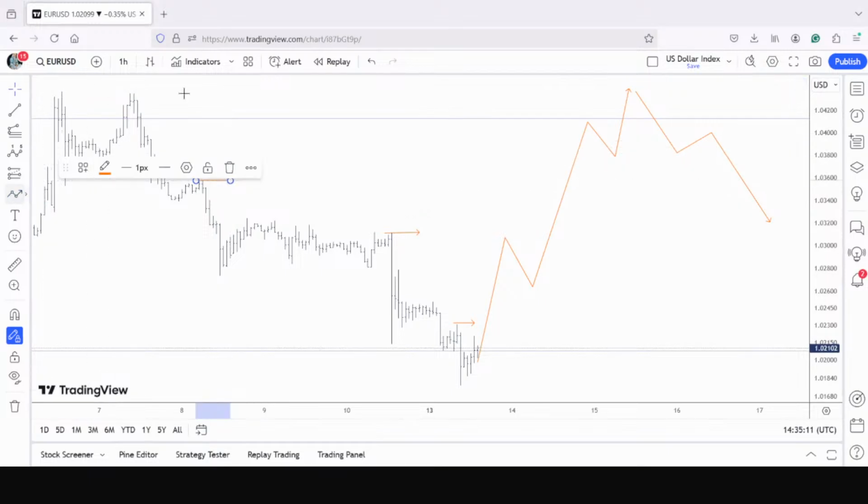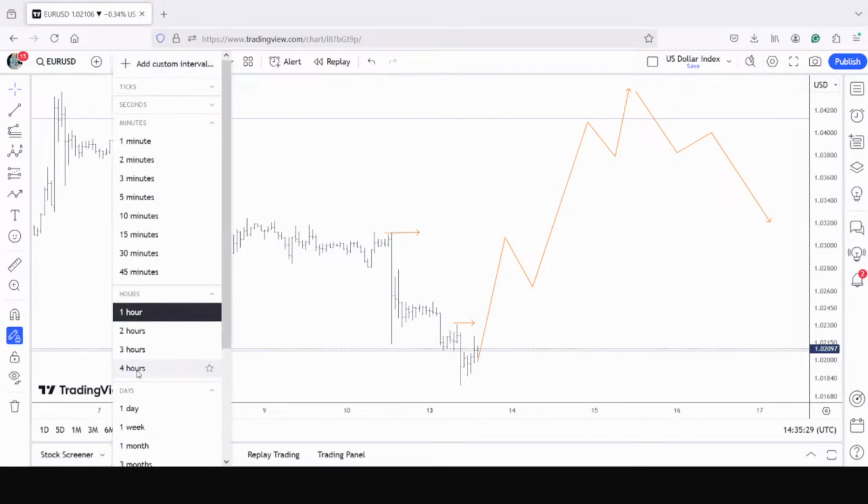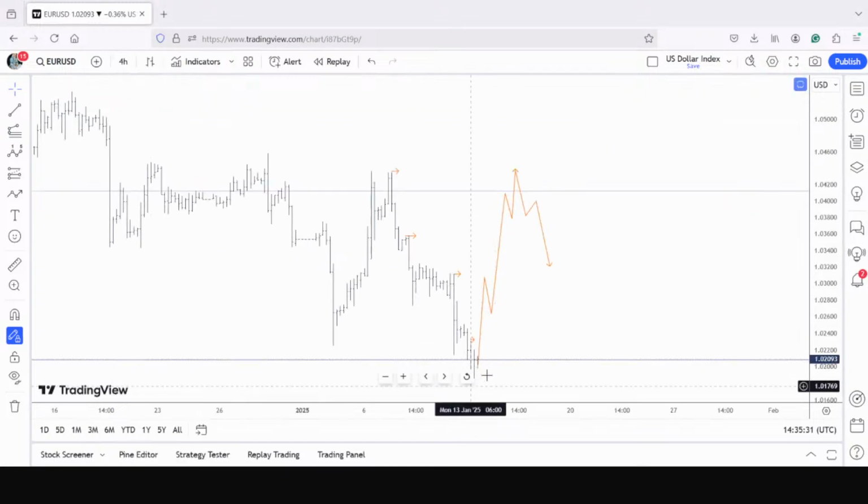See, it's a beautiful story to narrate. The bears have been in control for the last 3.5 months, precisely since September 2024, and they have been breaking all the previous supports. Now they're planning to settle down around the 61.8% mark, and possibly bulls are going to take over control anytime soon.